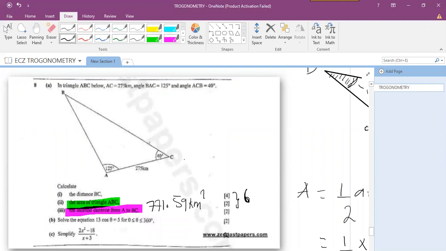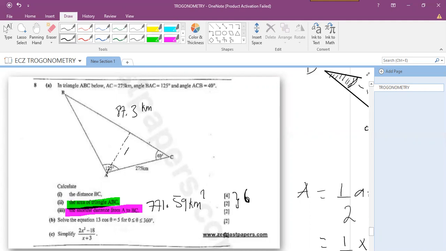Right, so this part was 87.3 kilometers. Then we have our area. The question is saying calculate the shortest distance from A to BC. So A at the tip. If they said B, you go to the tip of B; if they said C, you go to the tip of C. Then we go to where they say BC, the base.